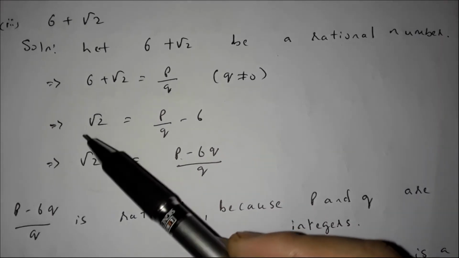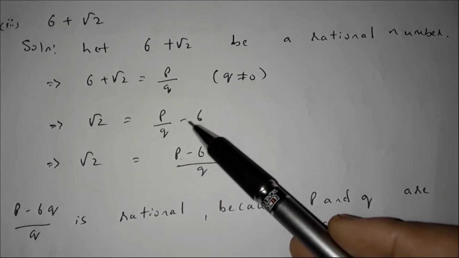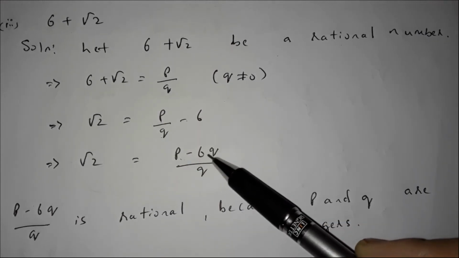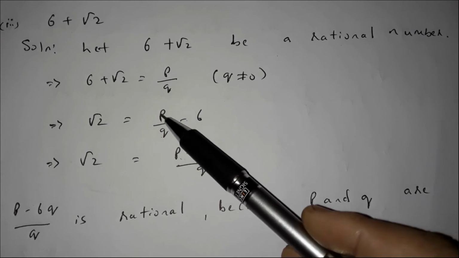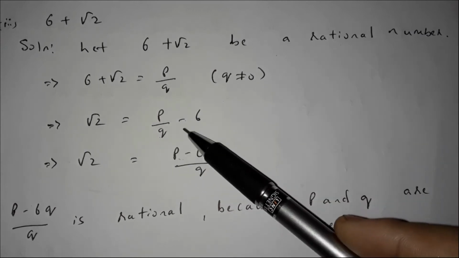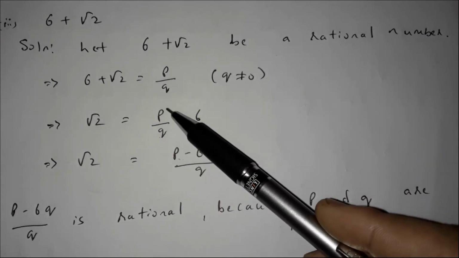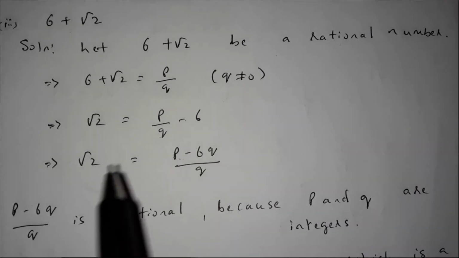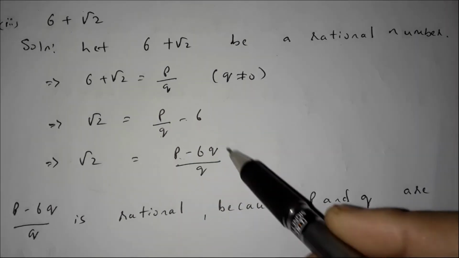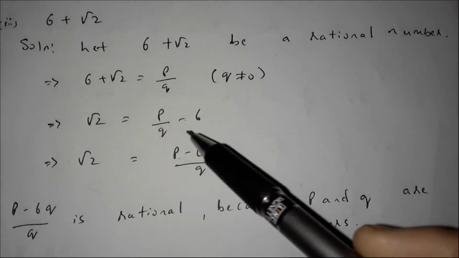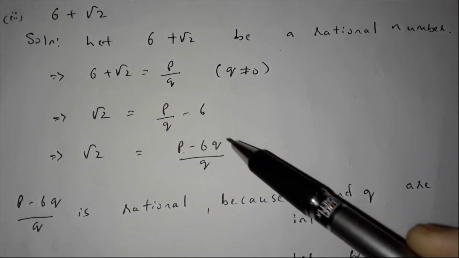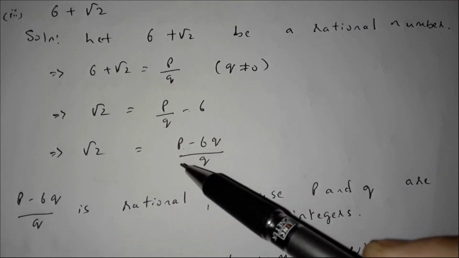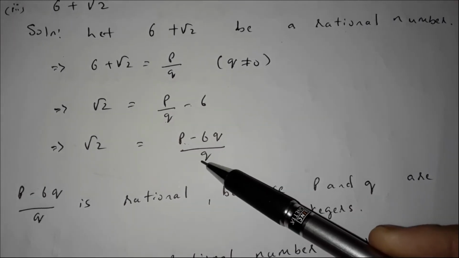So root 2 becomes p by q minus 6, which means root 2 equals p minus 6q by q. P and q are integers. If p and q are negative, you may get negative or positive, but that does not matter. The value here doesn't matter whether it's positive or negative. This will be a fraction.